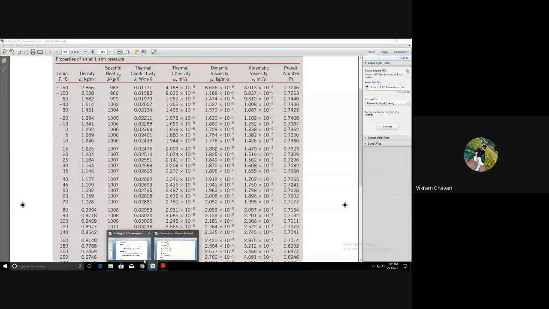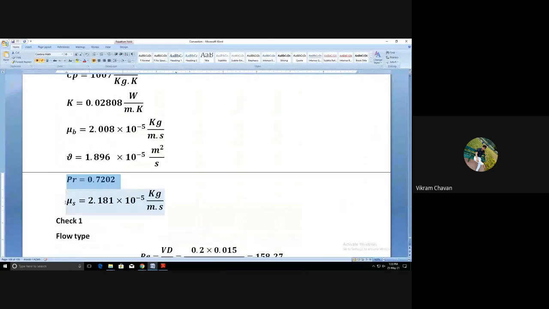That particular dynamic viscosity we have considered at the surface temperature, so we denote it as mu suffix s, equal to 2.181 into 10 raised to minus 5 kg per meter per second.